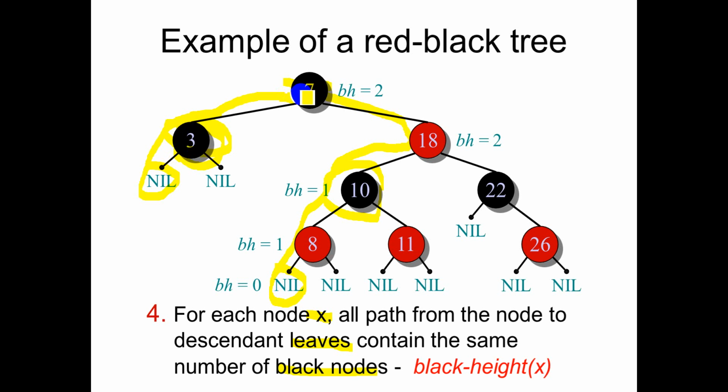You saw that from 7 you have 2 black nodes to the descendant leaves. One more node we can look at, suppose 22 or 20 or 10. It has only one nil.